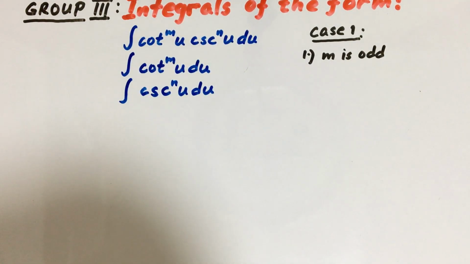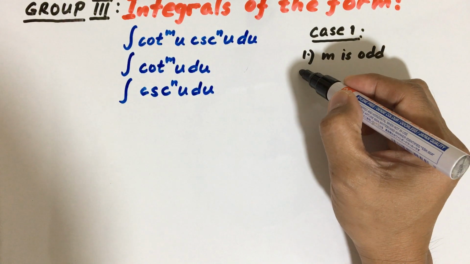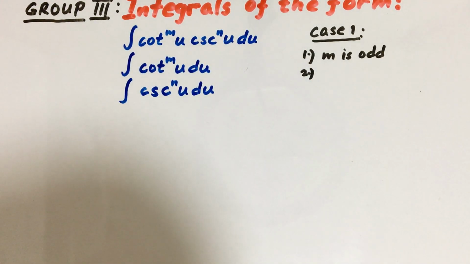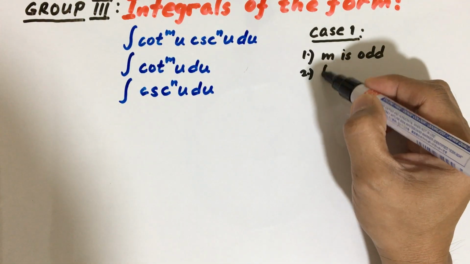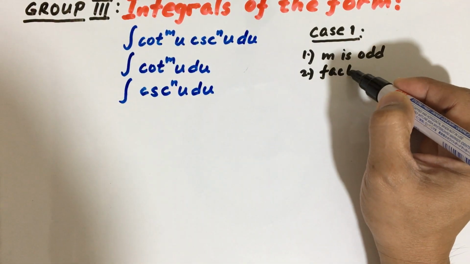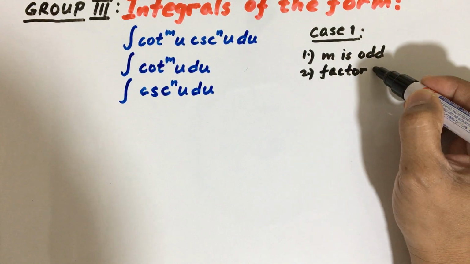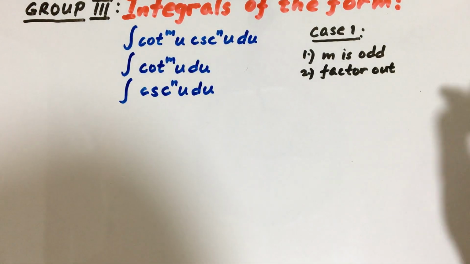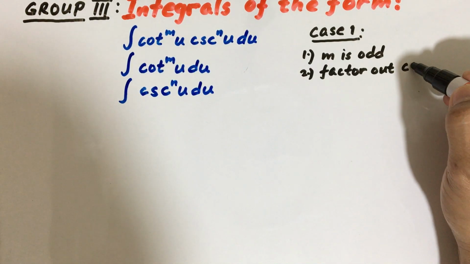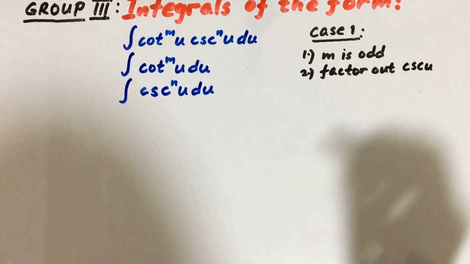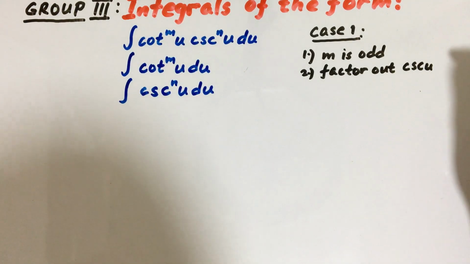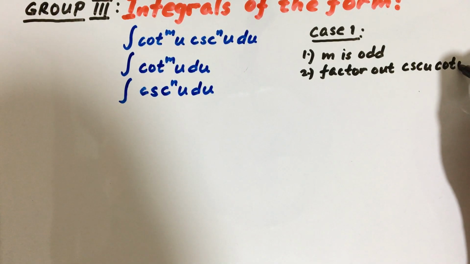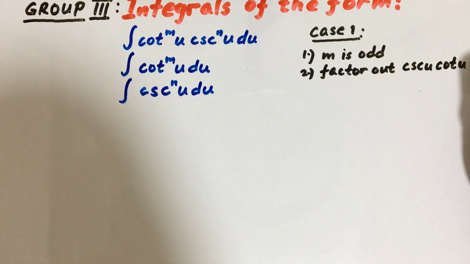Alright, so when m is odd, what shall we do next after finding this? M is odd, so we need to factor out cosecant u times cotangent u du.